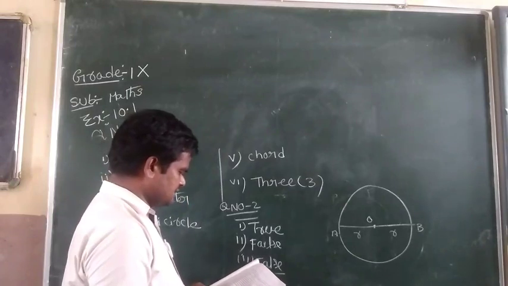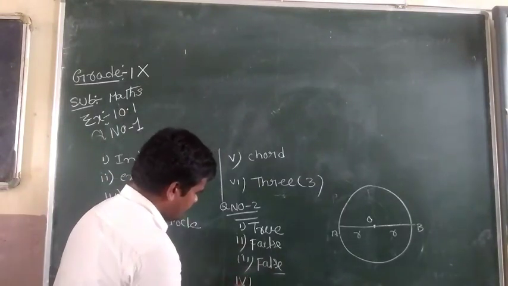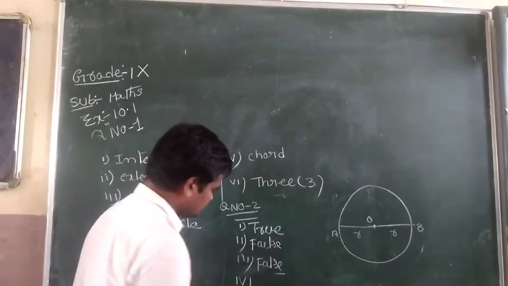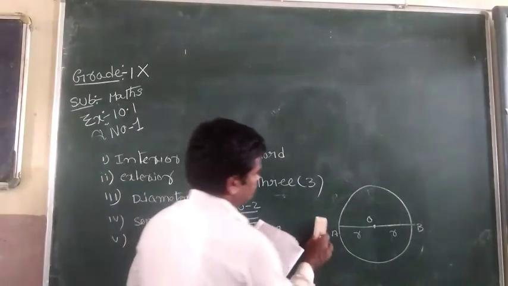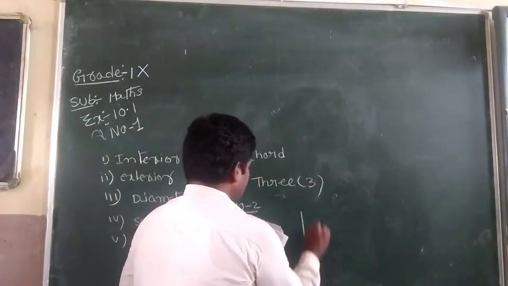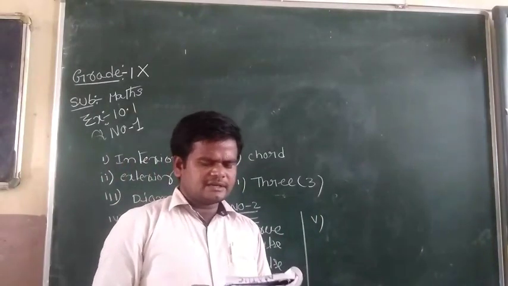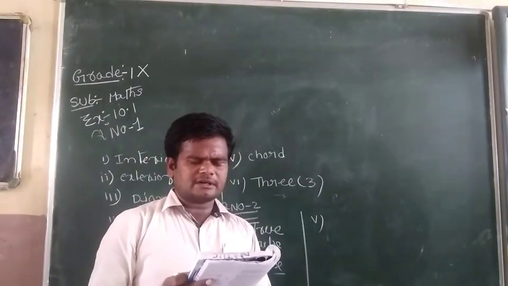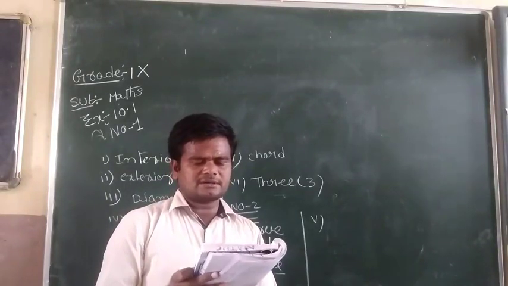So the fourth one is true. And the fifth one is: a sector is a region between the chord and the corresponding arc.